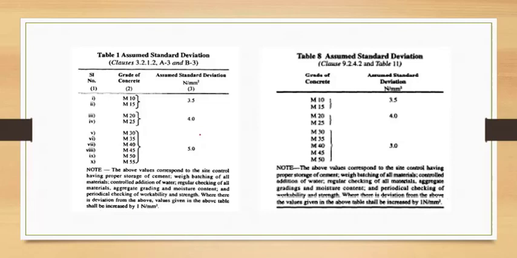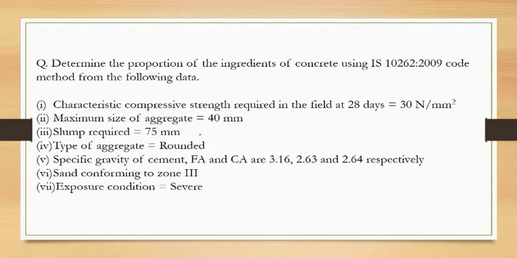Now, what is our grade of concrete? We can see in the question, our characteristic compressive strength is given as 30 Newton per mm square. So with that, we can find out the grade of the concrete. If the characteristic compressive strength is 30 Newton per mm square, then the grade of the concrete will be M30 grade.